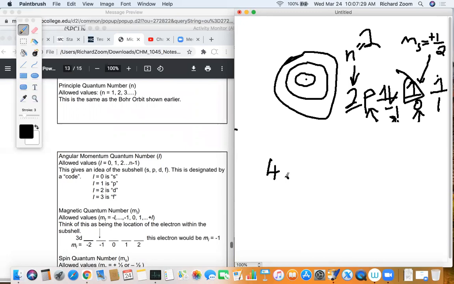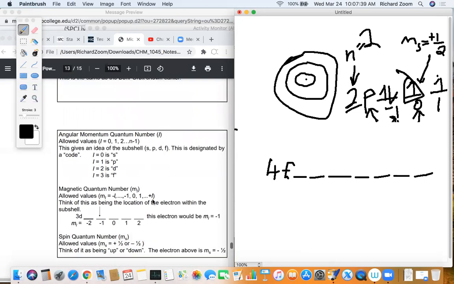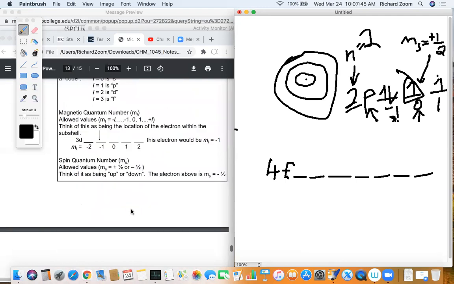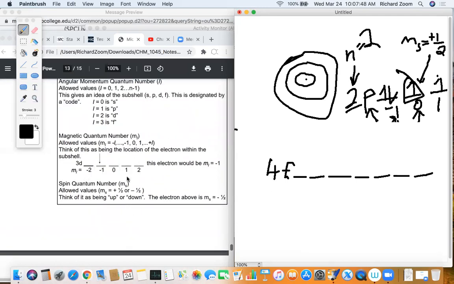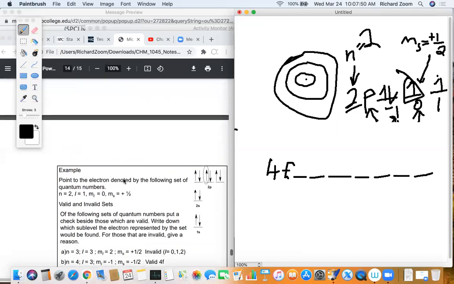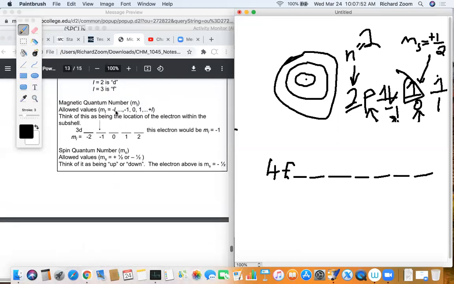And again, my tablet's not working so well, so I'm just going to have to use my mouse here. So we've got the 4f orbital, and the 4f can range from negative L to plus L. So 4 is n equals 4.